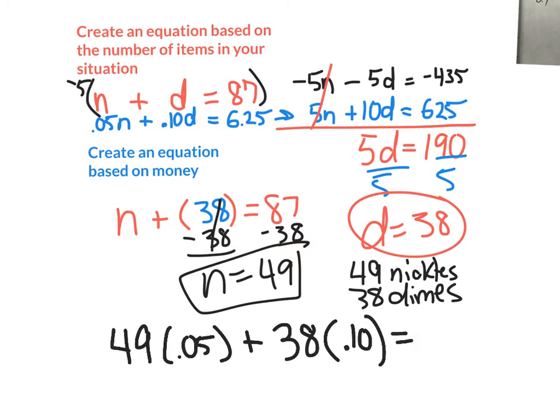Let me check. So 49, open parentheses, 0.05, close parentheses, plus 38, open parentheses, 0.10, close parentheses, hit equal, and it does give us $6.25 on a calculator. So just by doing that, I know for a fact that I have the right answer, 49 nickels, 38 dimes.